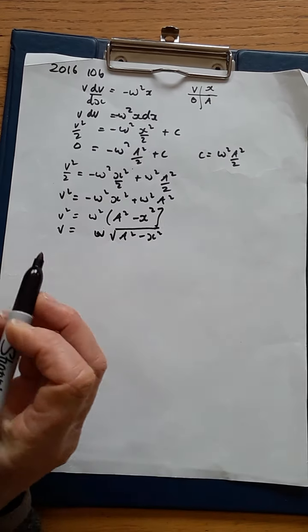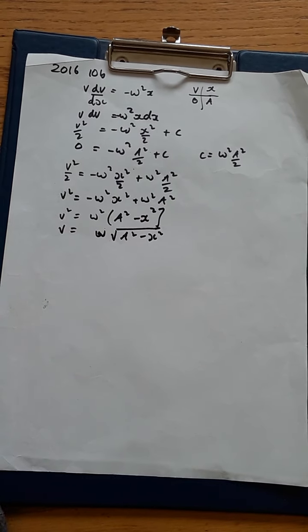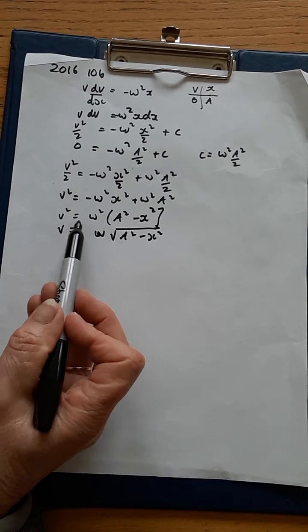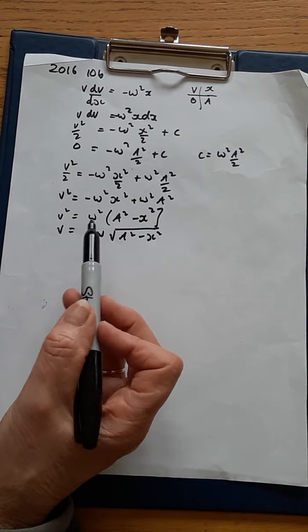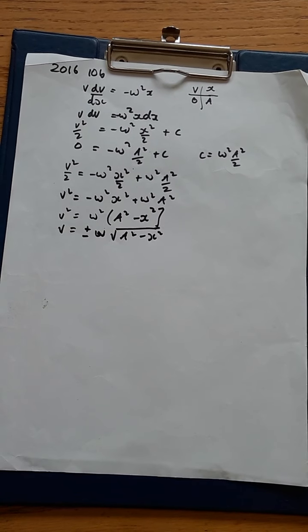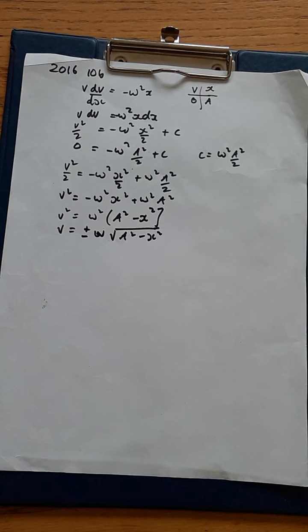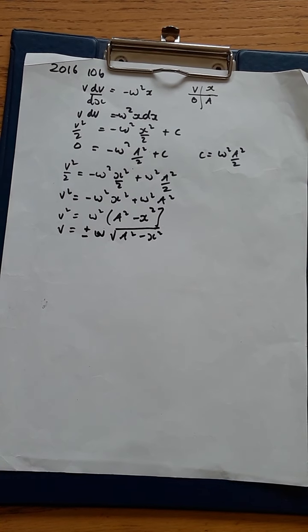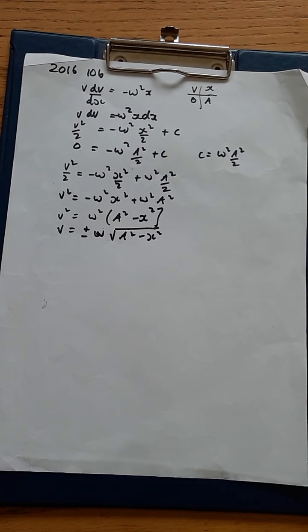Now in this particular case, because you're squaring everything across, this could be plus or minus. Now the second part says you've got to find x in terms of a, omega and t. So you're looking for an expression for x.